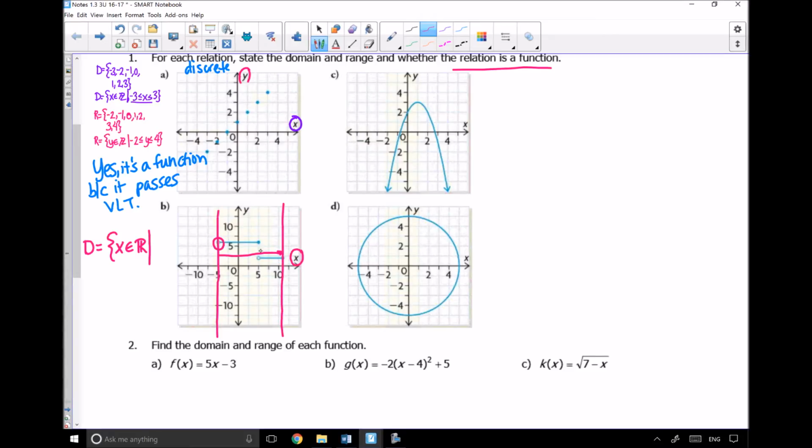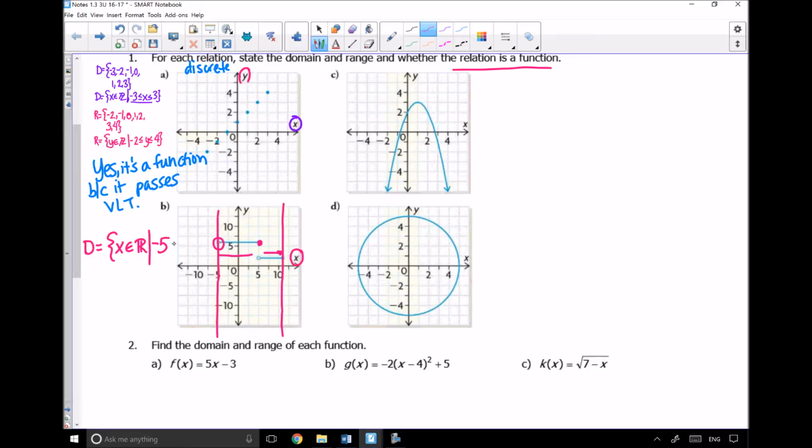Now, one thing I want you to realize is even though it's an open circle here, we would normally say it's not defined at 5 if there's an open circle there, but there's a closed circle up here, so it is defined at 5. So that means right here that we can say that 5 is still part of my domain, okay? So what we're going to do is we're going to say x is an element of the real numbers such that x is between -5 and we'll say this is probably about 11.